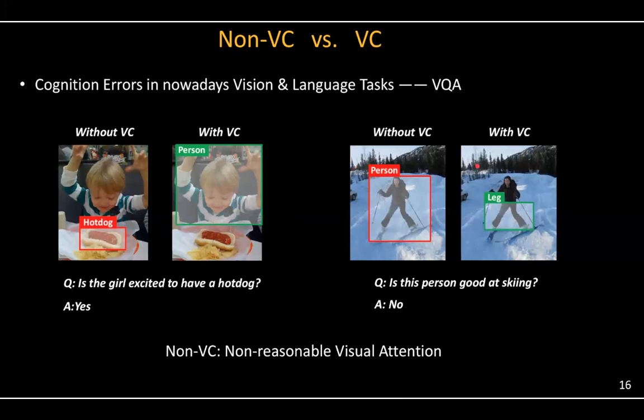Another example is kind of tricky: is this person good at skiing? How to answer this question? Without visual commonsense, we know that there's a person, then we can give some answer. But with the visual commonsense, we know why the person is good at skiing, because we should observe this from the legs.